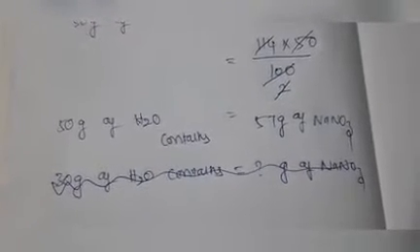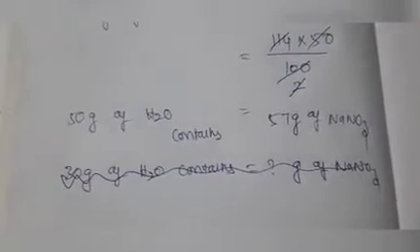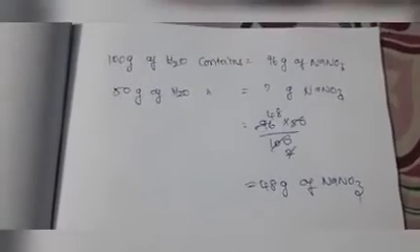Now we know 50 grams of H2O contains 57 grams of NaNO3 at 50 degrees Celsius, and 50 grams of H2O contains 48 grams of NaNO3 at 30 degrees Celsius.